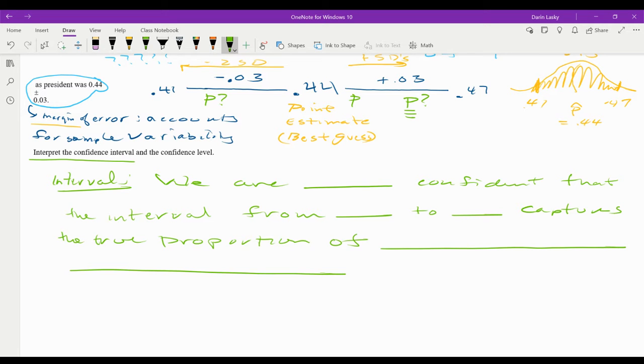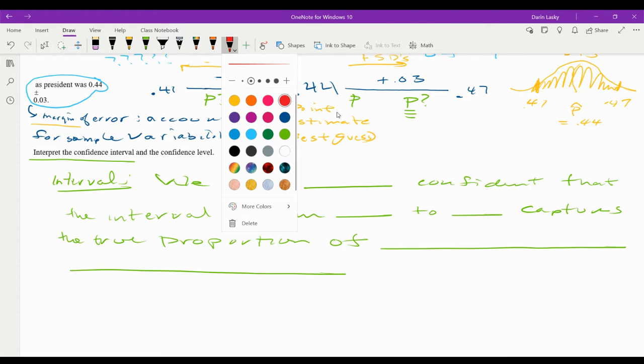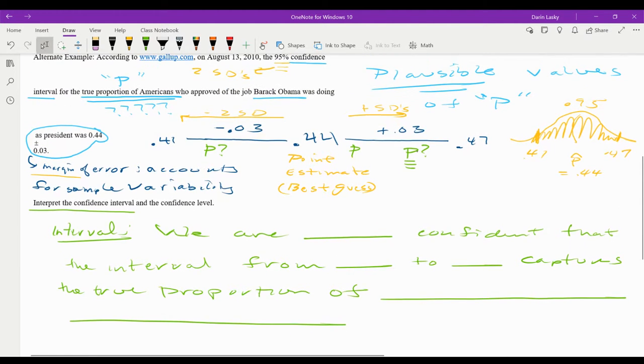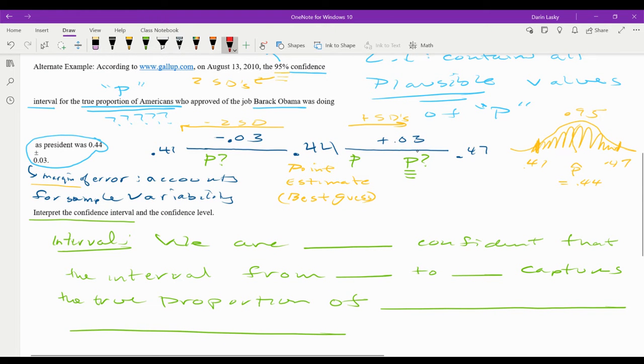And so then what we're going to do is take the information from above and add it to it. Let me change this color again. Let's change it back to red here. Okay, so we're going to take this template and say: we are 95% confident that the interval from 0.41 to 0.47 captures the true proportion P of what?